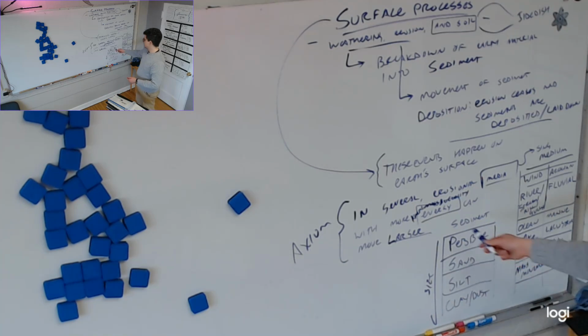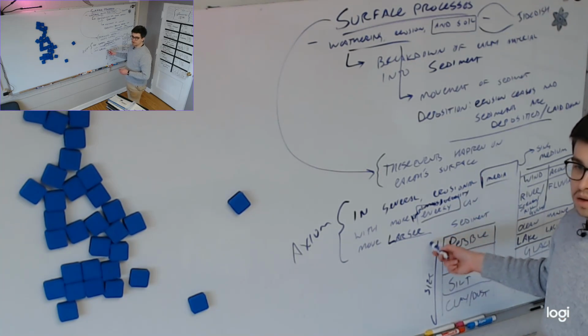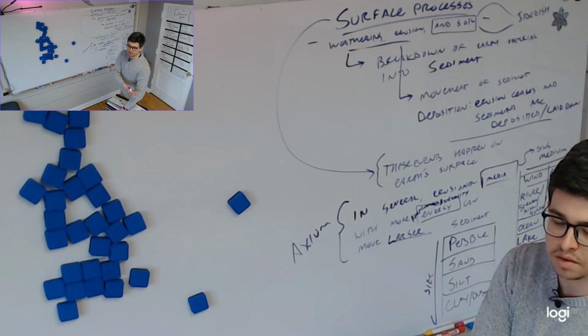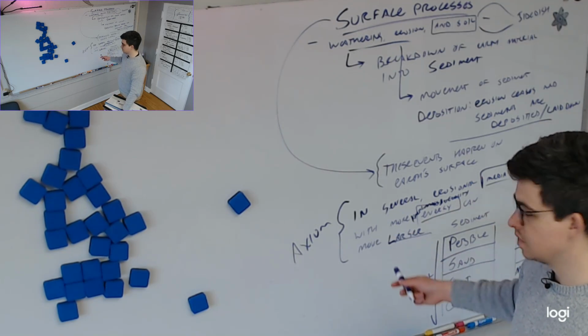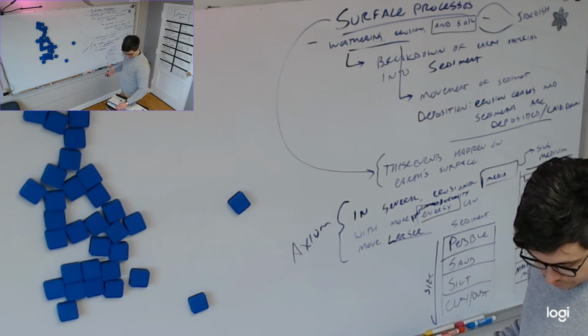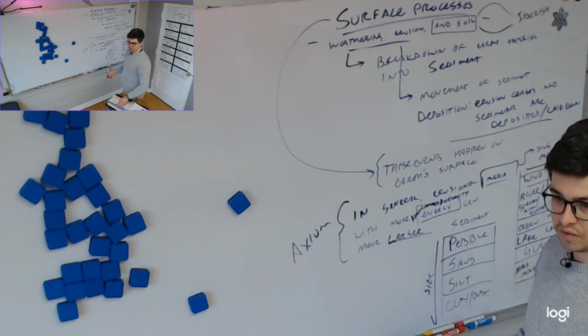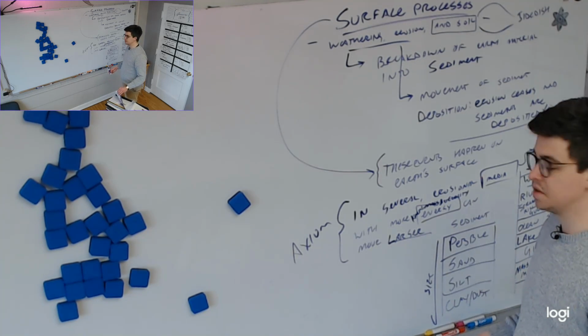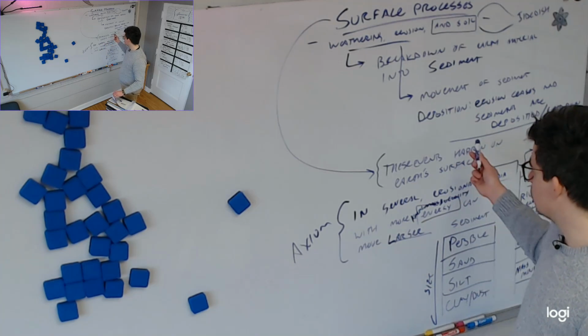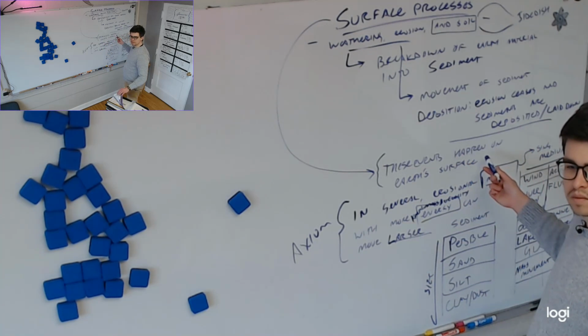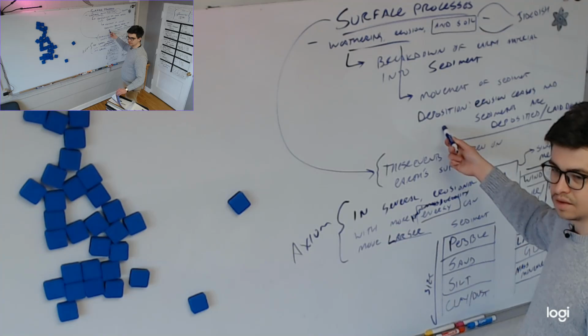And then if it loses energy, so that means that there will be more erosion with more energy, and then if it loses energy, what's going to happen? What verb will apply to the sediments? If the erosional media loses energy, then what will happen? There will be deposition. Good.